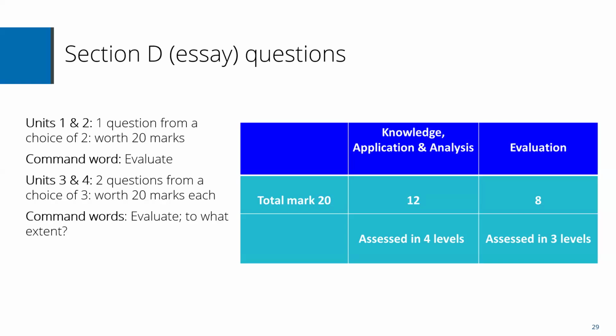The evaluation, again, is a separate table that is assessed over 3 levels and has a maximum mark of 8 out of the 20. Of course, adding those two together to give you the 20 marks, 12 and 8 possible for each of the tables. The command words will be evaluate or to what extent.